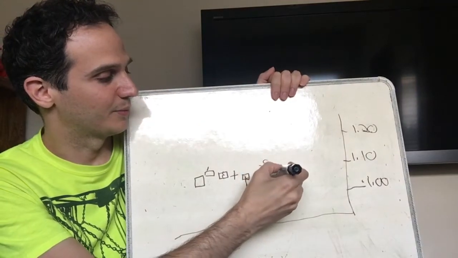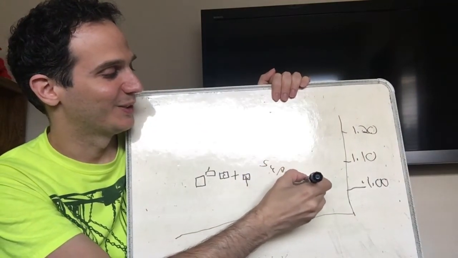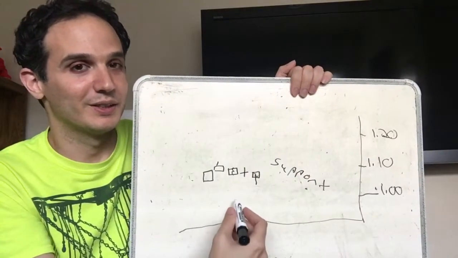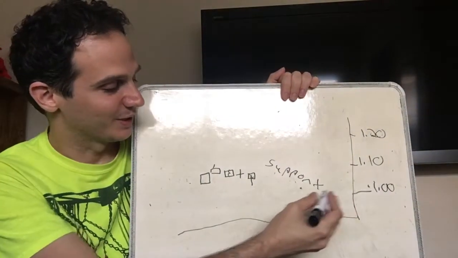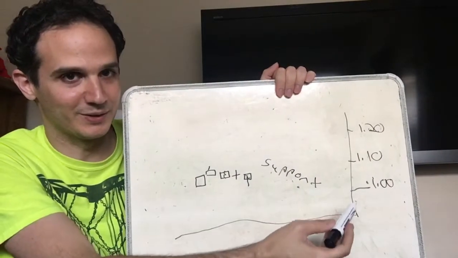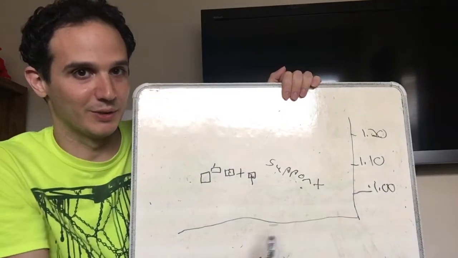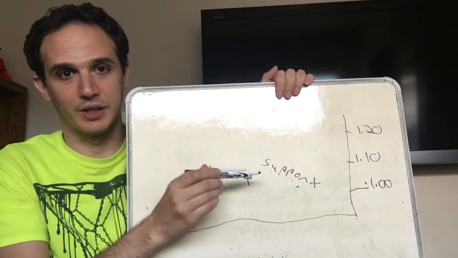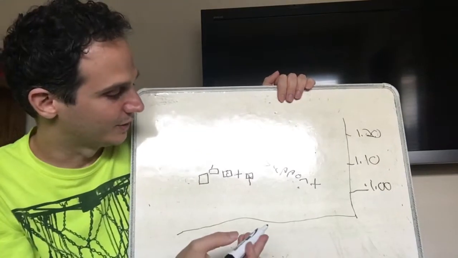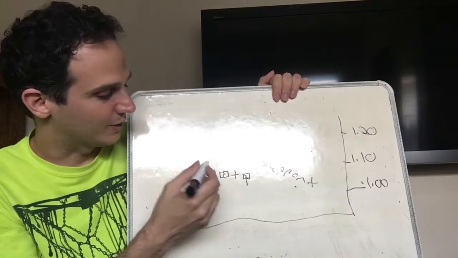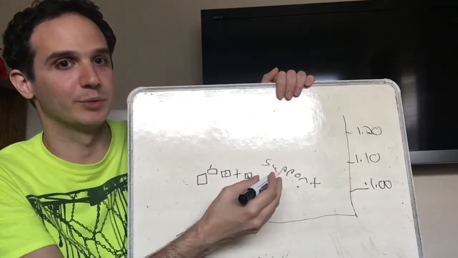Okay, support is when the price is holding a key level, and in this case the key level is close to $1. But when I'm looking at support though, I call it like a red to green move.